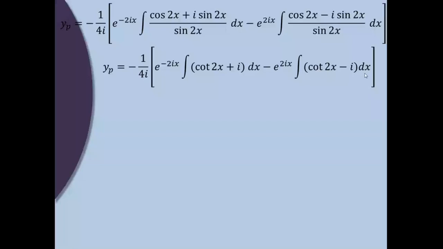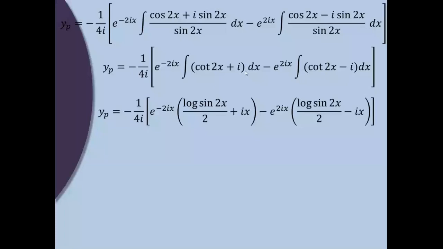Now we know the integration of cot. Integration of cot is nothing but log of sine 2x divided by the derivative of 2x, that is 2. Same thing here, i is a constant, so the integration of dx is nothing but x. So this becomes log sine and this becomes i into x. e raised to minus 2ix times log sine 2x divided by 2, plus ix, minus e raised to 2ix times log sine 2x by 2 plus ix.